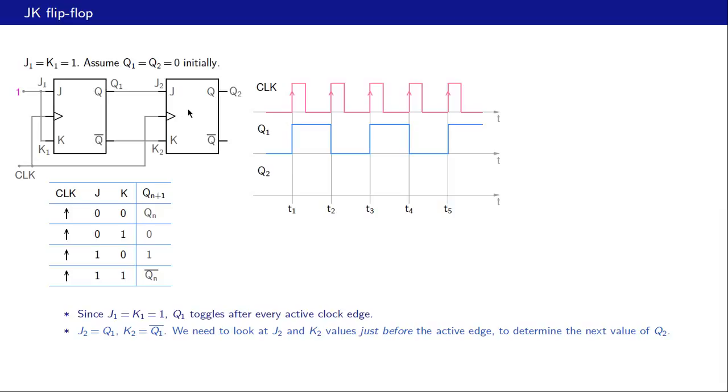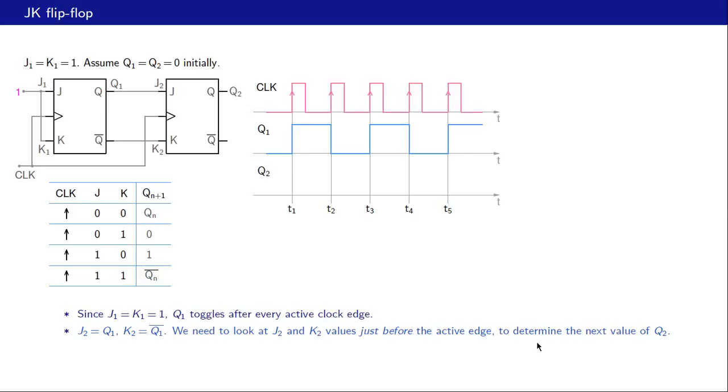With the second flip-flop, the situation is different. J2 is the same as Q1, K2 is the same as Q1 bar, and since Q1 changes with time, like that, these inputs also change with time, and therefore it makes it a little more complex. And we now need to look at J2 and K2 values just before the active edge, that means these edges, to determine the next value of Q2.